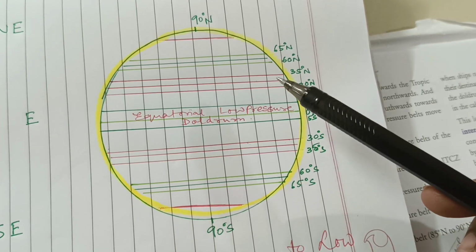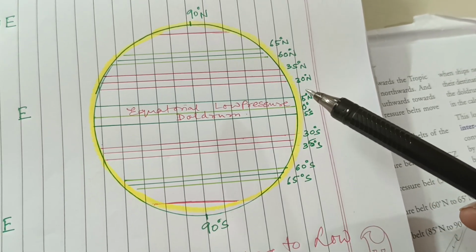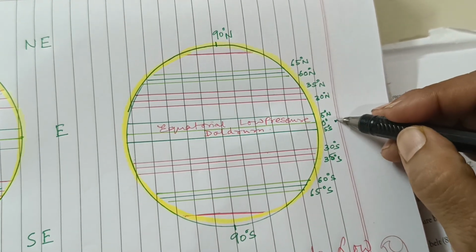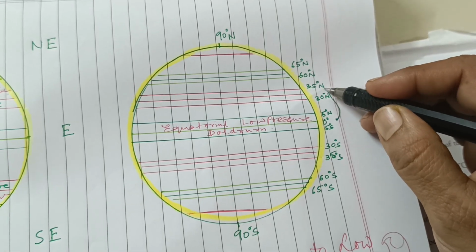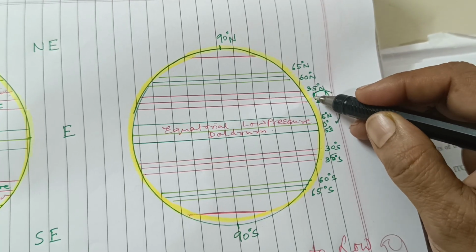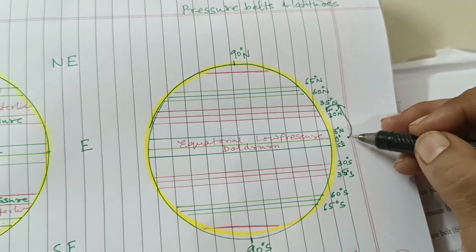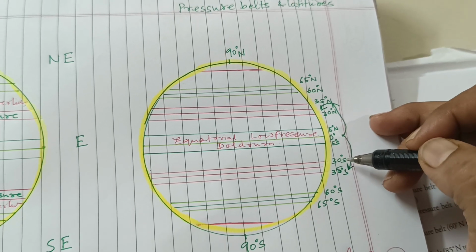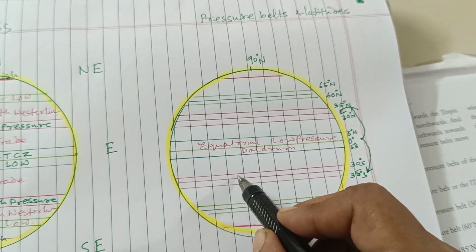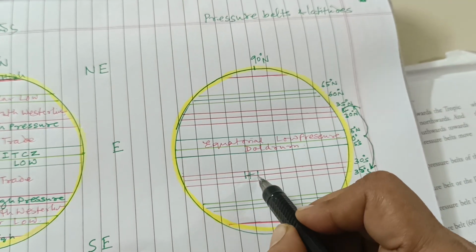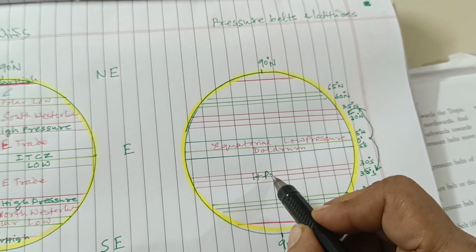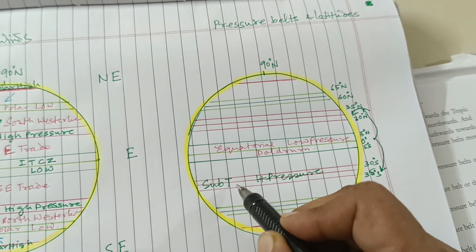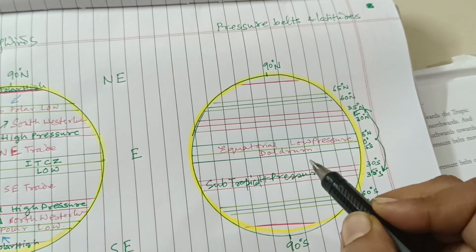Next, we will move to the pressure belts. Since we know the prevailing wind is going up, and while it is going towards the pole, it is sinking down here. Similarly here also, when it is going to the pole, it is sinking down, losing its heat, and that is why we are getting a high pressure belt. So what kind of pressure belt is it? It is the subtropical high pressure belt.